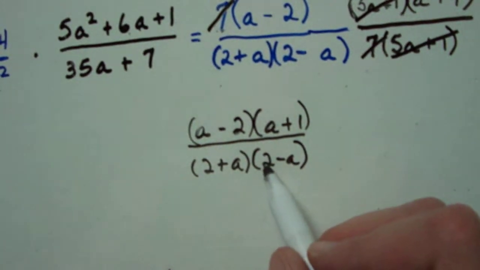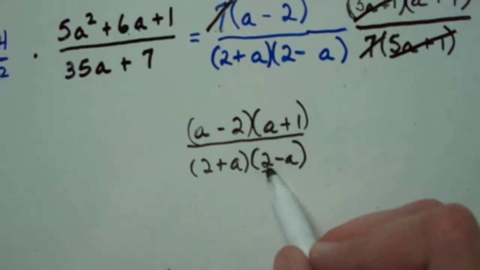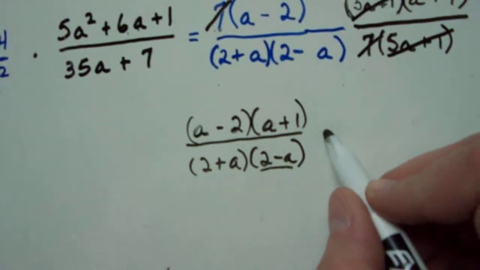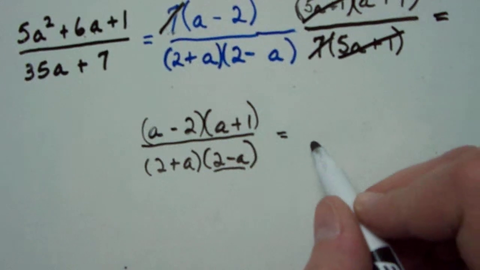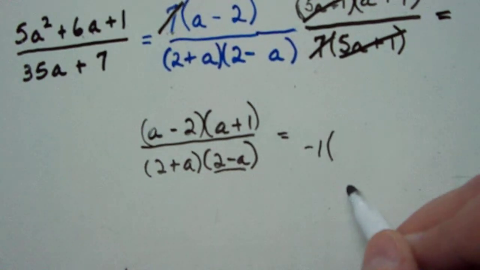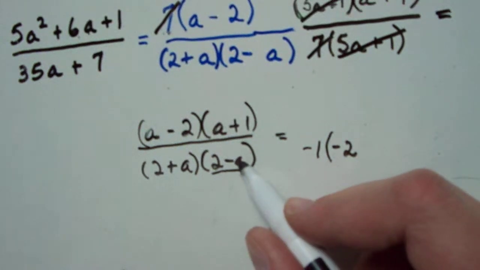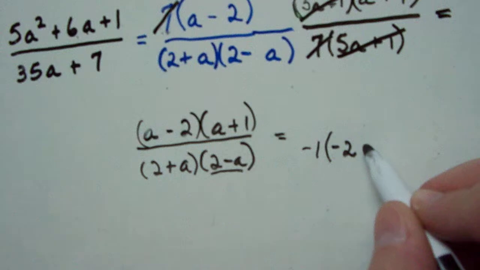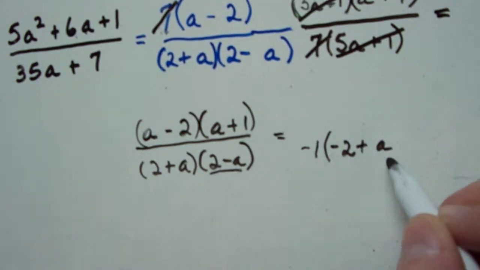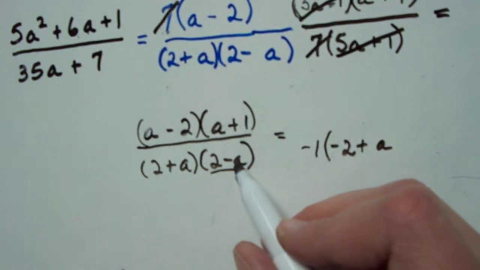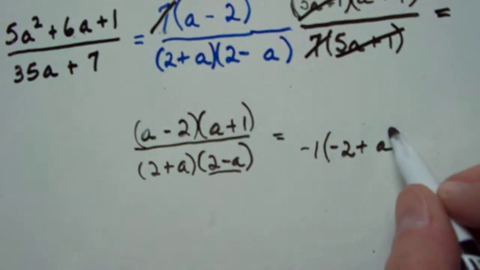What if you took out a negative 1 out of this part of the equation? What would you have? Negative 1. 2 divided by negative 1 is negative 2. Negative a divided by negative 1 is positive a. A negative divided by a negative is a positive.